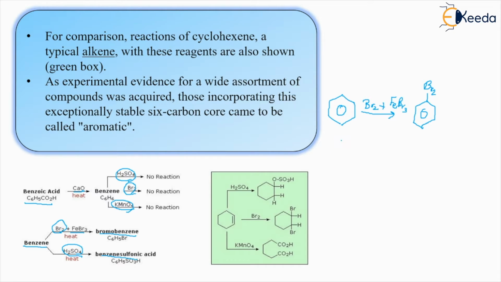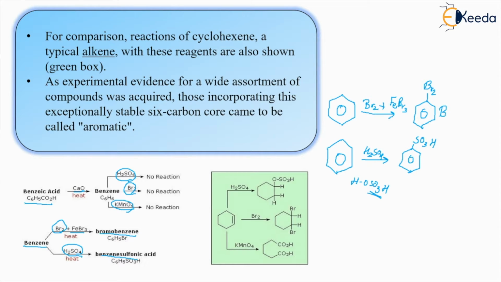Similarly, if I have benzene in presence of H2SO4, so this is benzene, H2SO4, correct? So what will I do? I'll just show you all how it looks. I can just write HOSO3H, and then I can just attach this over here, making it benzene sulfonic acid.